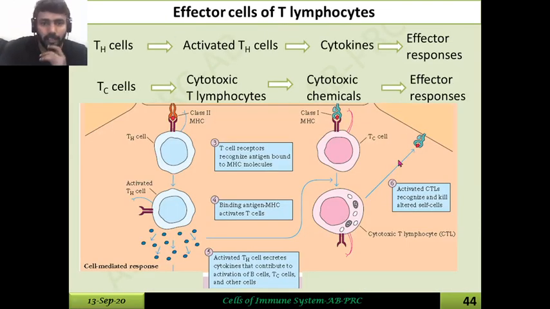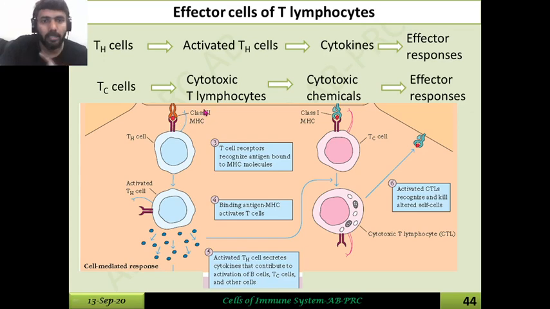And this is the effector mechanism. You can see there, T helper cells will be activated on interaction with antigen. Right. Here you have to remember the antigen is not alone. Antigen will be presented by the class 2 MHC molecule, because this is a T helper cell. So here you can see the image. The class 2 MHC will present the antigen.